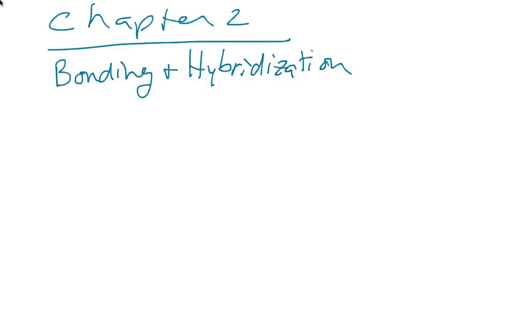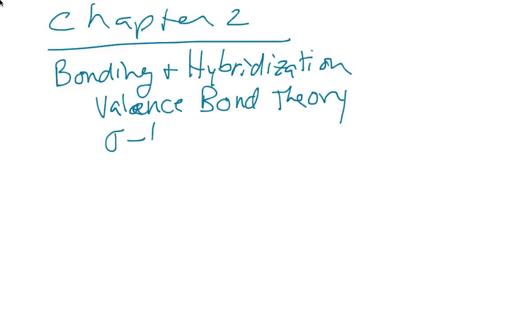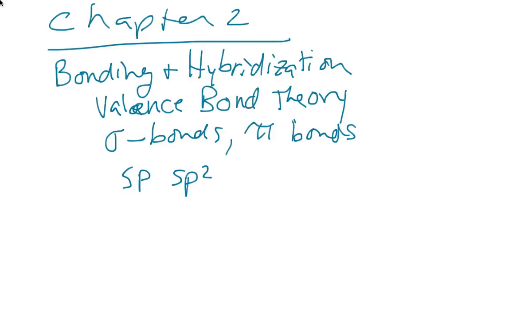In that regard, don't worry about molecular orbital theory, but we usually describe organic structures using valence bond theory, thinking about how the bonds are overlapping from the atomic orbitals, because it's a little bit easier to visualize. You know what shape a p orbital looks like, or an s orbital, or a hybrid orbital. Hybridization, sigma bonds and pi bonds, right? sp, sp2, sp3.